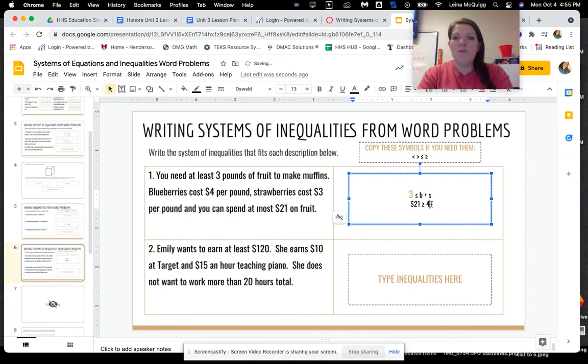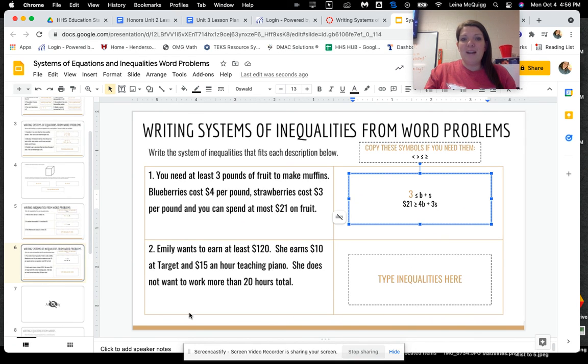So if I take $4 and multiply it by the number of pounds of blueberries I got, then that should tell me the total amount I spent on blueberries. Then we're going to take that amount and add it to the $3 per pound it costs for strawberries, and we're going to multiply that by the number of pounds of strawberries we bought. So these are the two equations I have for inequalities.